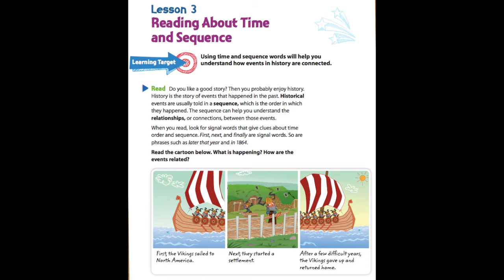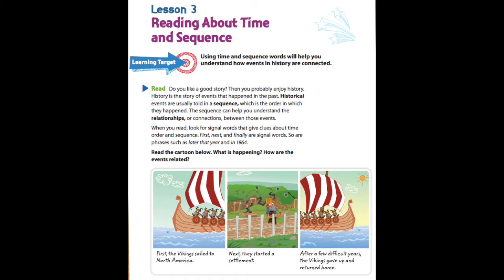So in our first picture, it says, first, the Vikings sailed to North America. You see them on their boat sailing toward North America. Then the next picture says, next, they started a settlement. So once they got to North America, they started a settlement. They started building and settling there, which means they were making that their home.